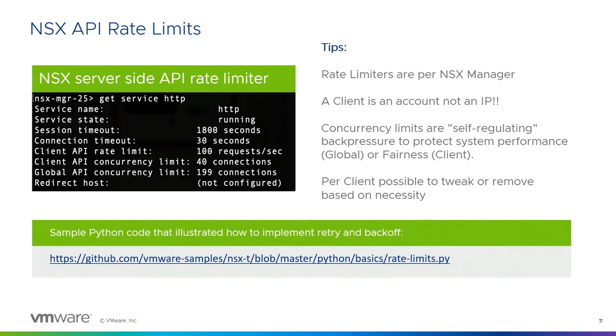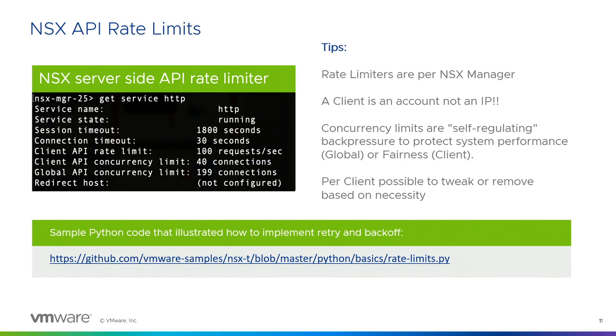Another thing which I want to mention is that you have a per client API rate limit in NSX, and you have a default. NSX by default tries to be fair among your clients, among people who consume the NSX manager. And what is a client for NSX? That's an NSX user. That's not an IP.